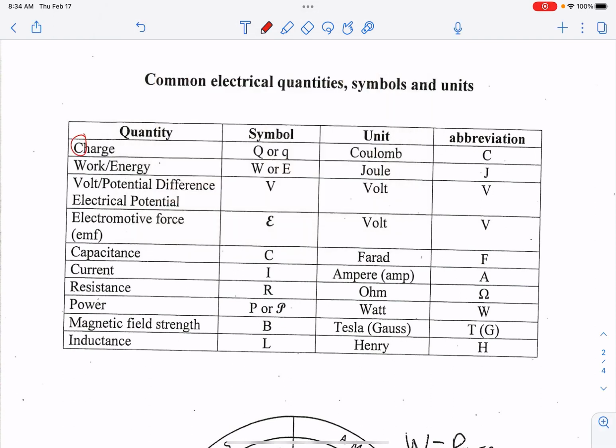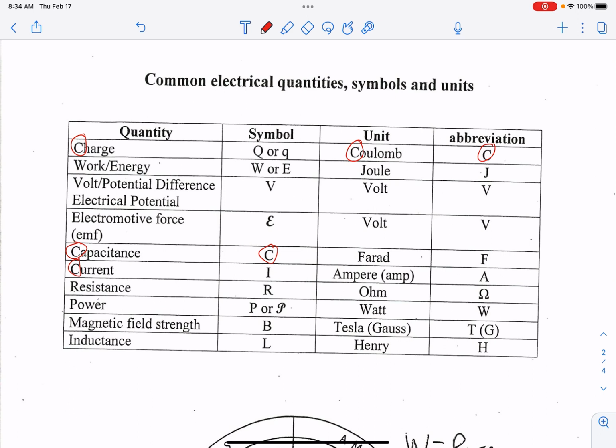You got the word charge that begins with a C, capacitance begins with a C, current begins with a C, the symbol for capacitance begins with a C, the unit of charge, the coulomb, begins with a C, the abbreviation for coulombs begins with the letter C, so it can be a little tricky to keep all of this in mind.